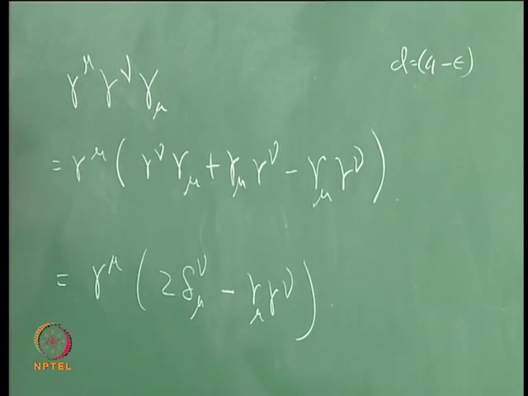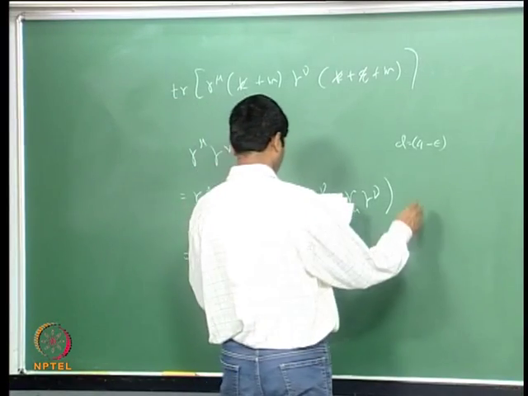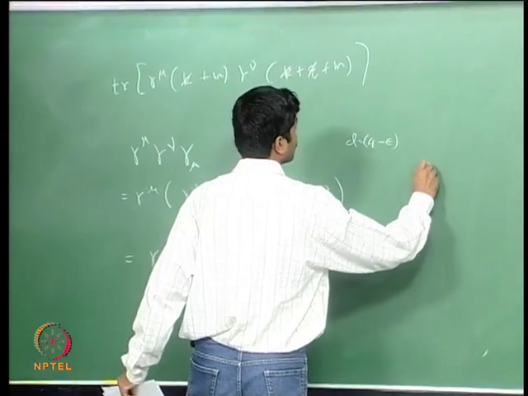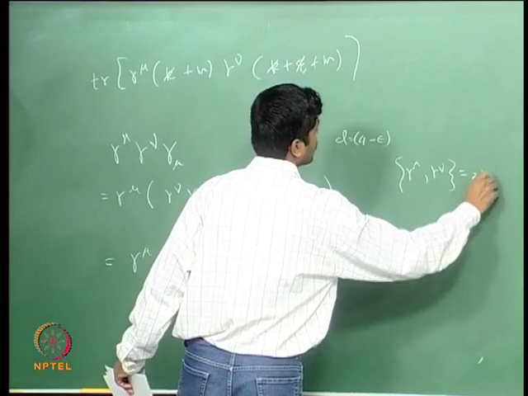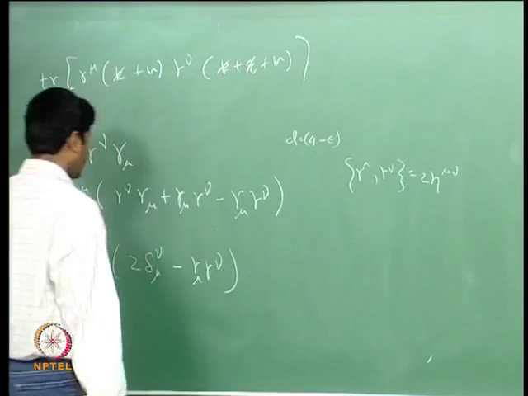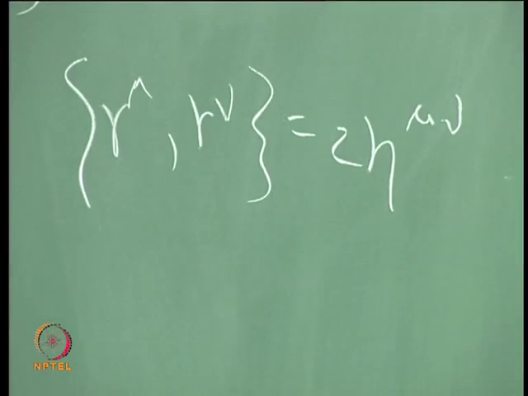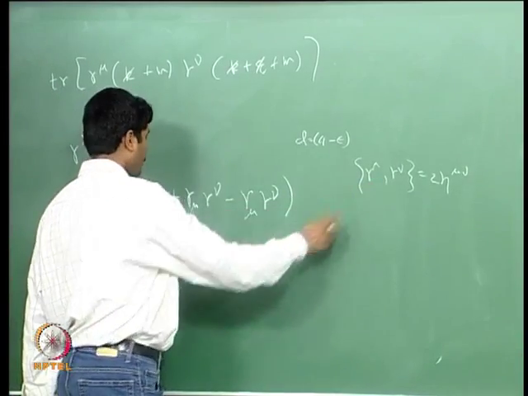We are using the same Clifford algebra, gamma mu gamma nu plus gamma nu gamma mu equal to 2 eta mu nu, but the Dirac matrices have different dimension.